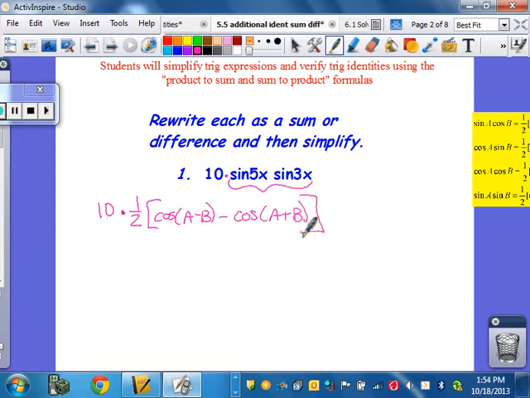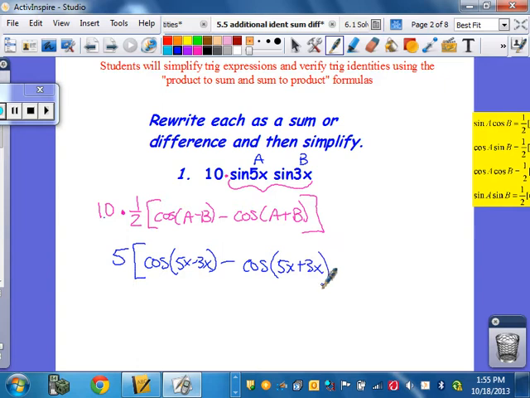Okay, so these are available to you. What is a and what is b is the big question. Well, a is the first angle, b is the second one. So I end up going 10 times 1/2. You all know that that's 5. Then in brackets, cosine of a minus b, 5x minus 3x, minus cosine of a plus b, so 5x plus 3x.